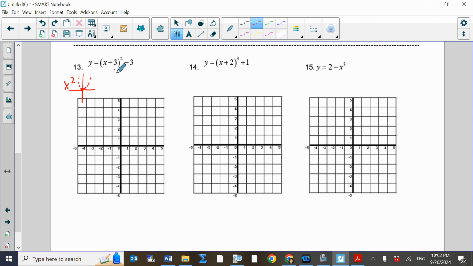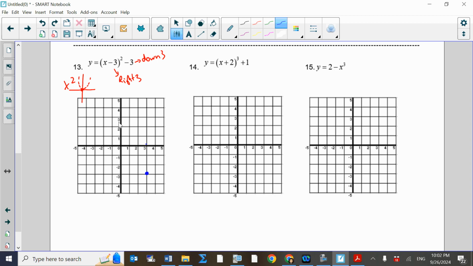But now this is moved to right 3 and this one down 3. So the vertex which was here, now it's going to be moved right 3 and down 3 right here.